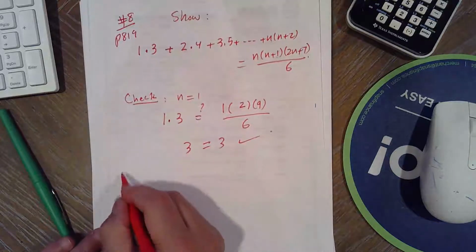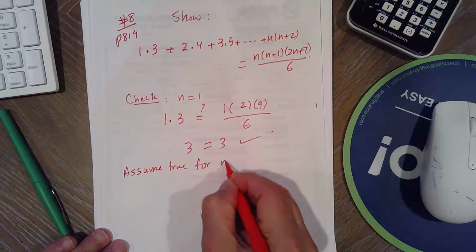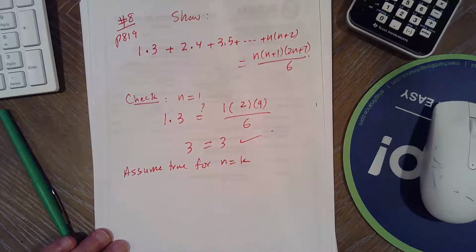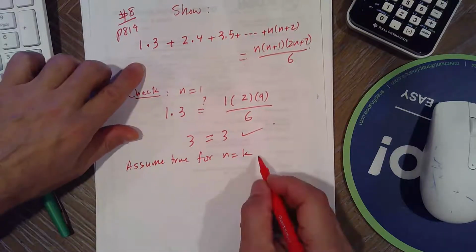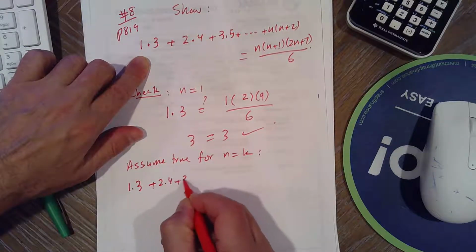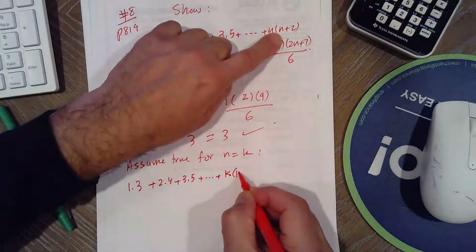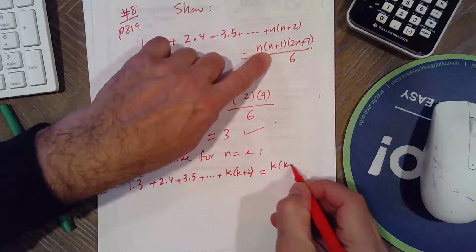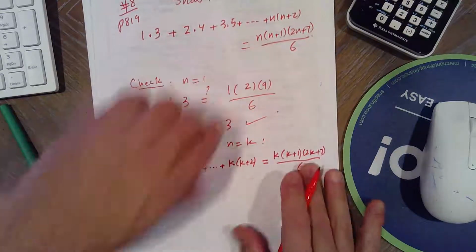So then we assume true for n equals k or k minus 1. It doesn't matter. I think I did k minus 1. If you do k minus 1, then you have to show k, which is the next one. If you do k, then you have to do k plus 1. So we're assuming that 1 times 3 plus 2 times 4 plus 3 times 5 plus k times k plus 2 equals k times k plus 1 times 2k plus 7 over 6. That's true.